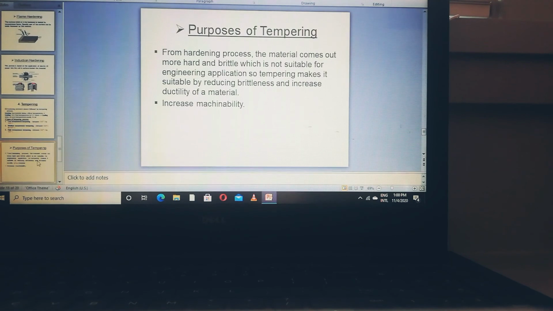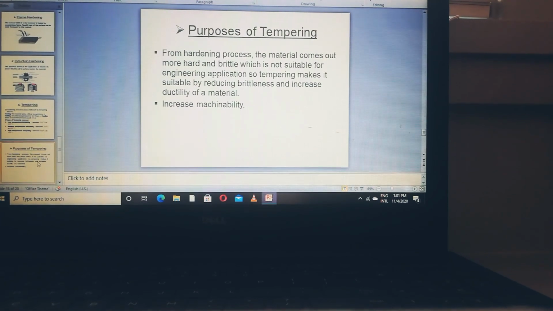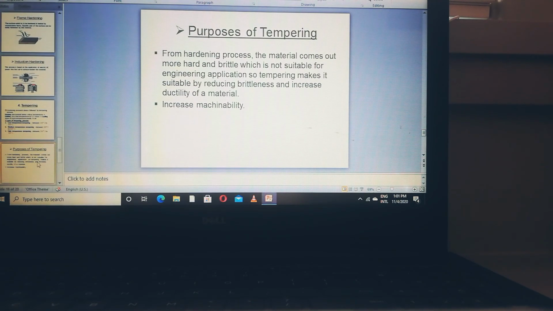Purposes of tempering: from the hardening process, the material comes out very hard and brittle, which is not suitable for engineering applications. So tempering makes it suitable by reducing brittleness and increasing ductility of the material, and this increases the machinability of the material.